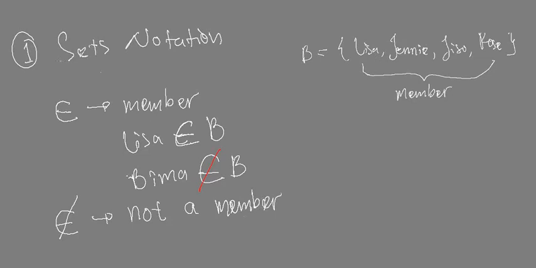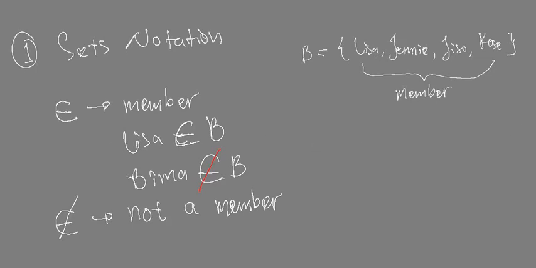Okay, going to set notation. Epsilon is the member. Epsilon with a cross over it is not a member. Lisa is a member of Blackpink, as we can see here, and then Bima is not a member of Blackpink. And then another notation is the number of members.